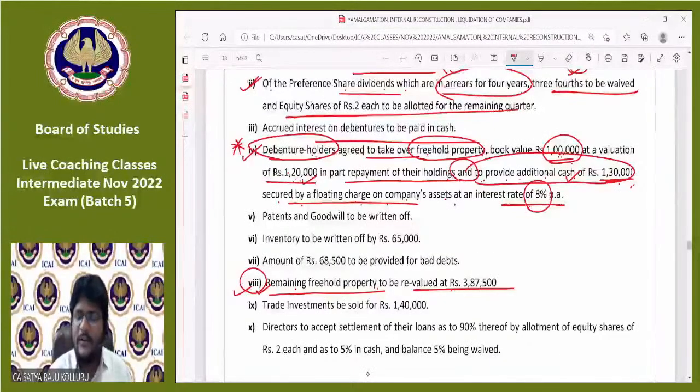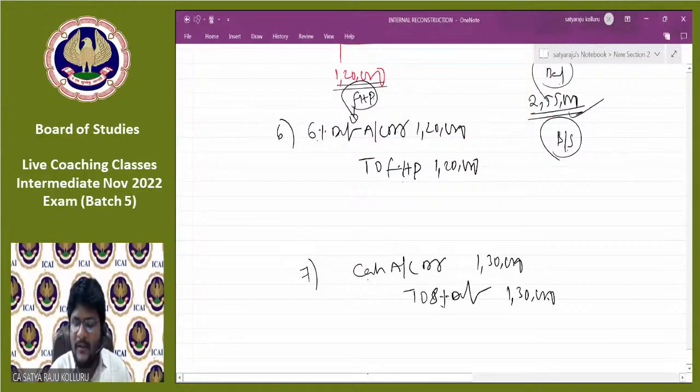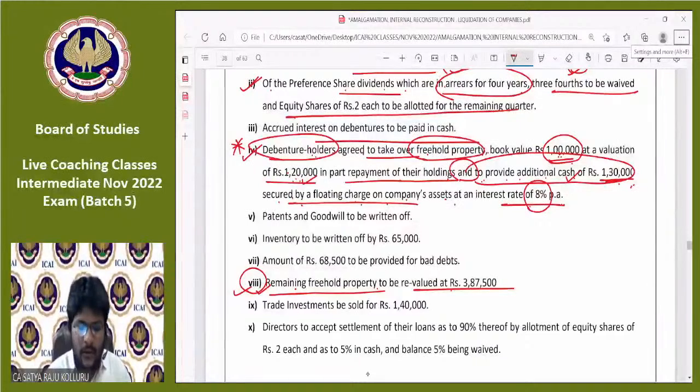Right now the interest rate was 8%, which is nothing but further subscription of debentures, or further debenture capital subscribed by the debenture holders. That's why the entry was cash account debtor to 8% debentures account, which was 1,30,000. Is it okay to all of you?